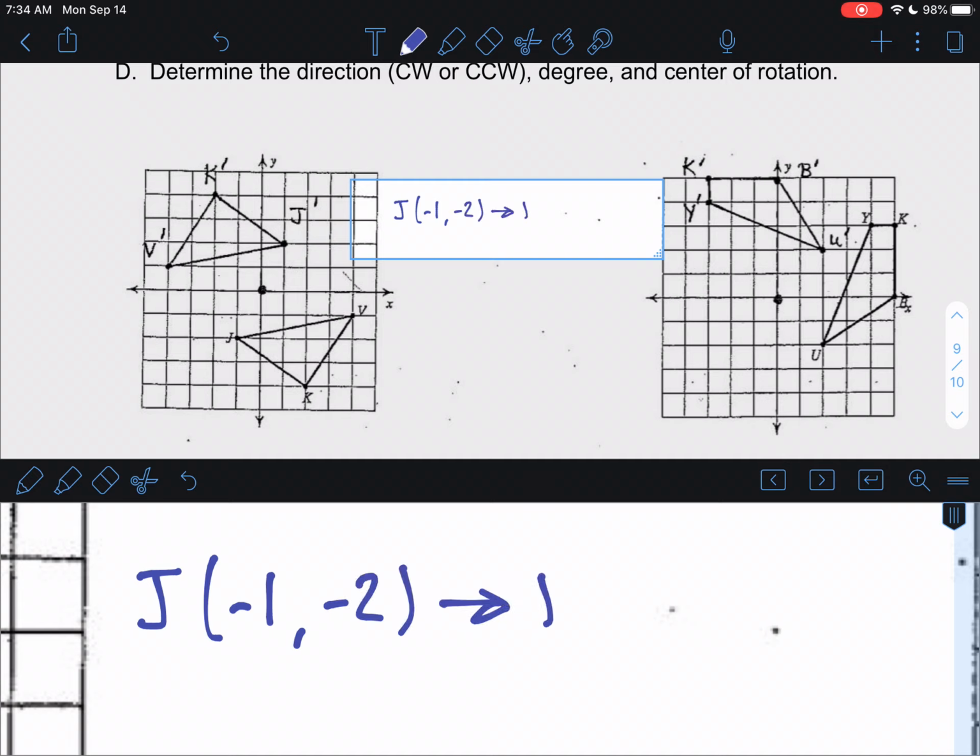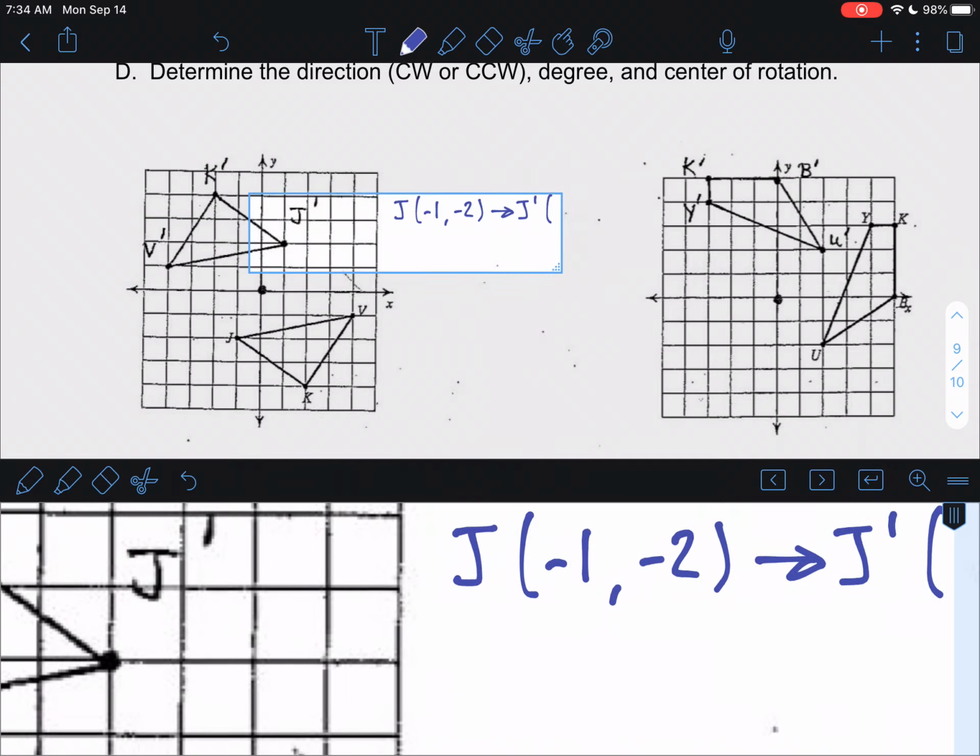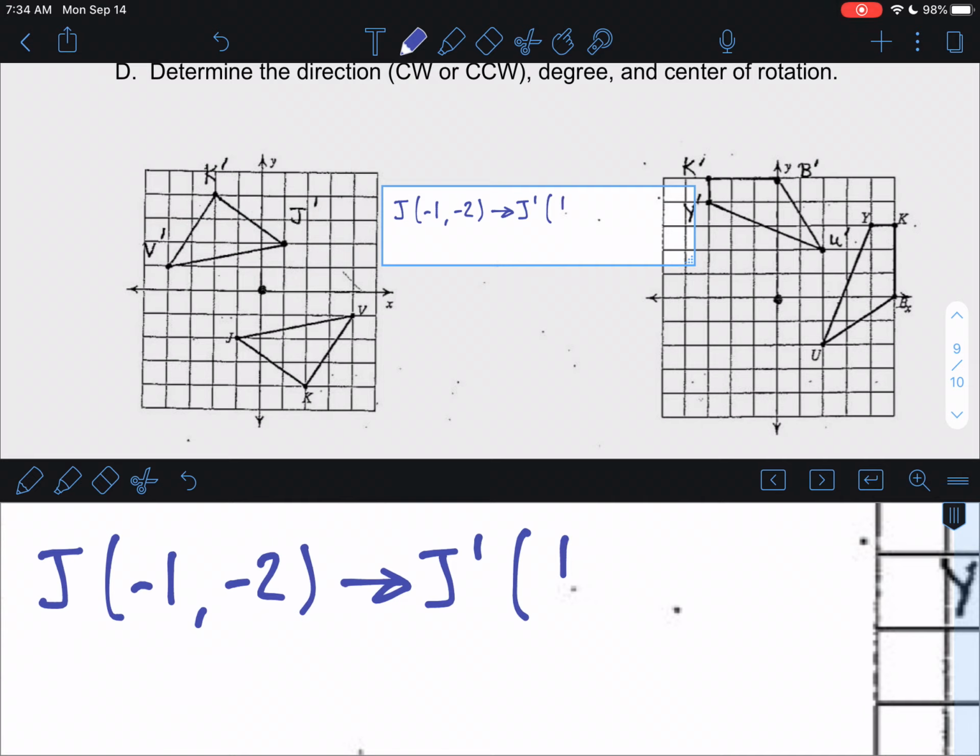And it is mapped onto J prime, which is at 1, 2. So basically, we just have to say which of our rotations this was. And from -1, -2 to +1, +2, that would be a 180-degree rotation.